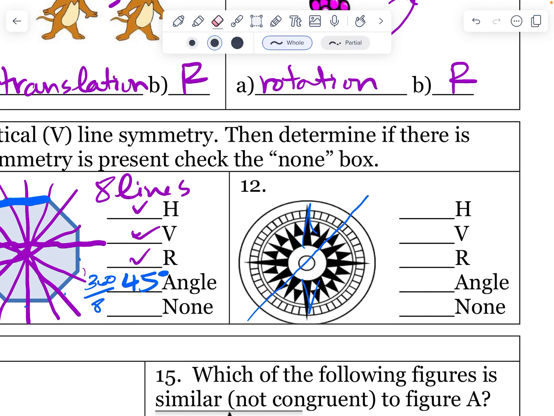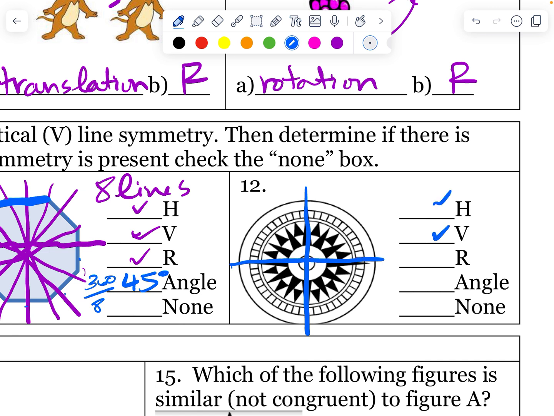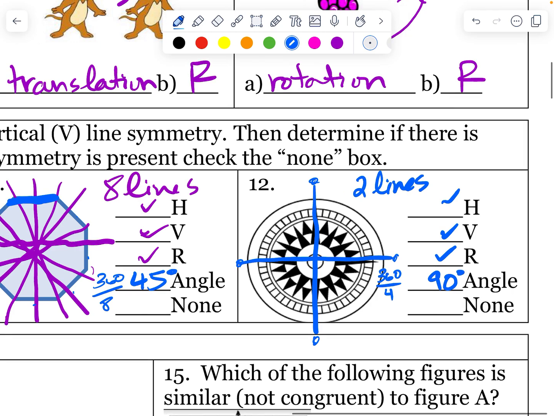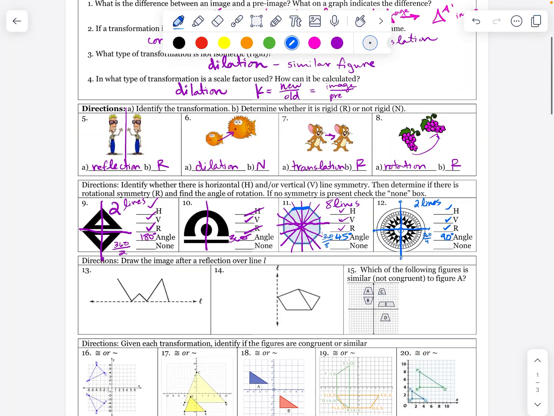So I think this one's only 2 lines. It's got a horizontal and a vertical. So yes, 2 lines. And it is going to have rotational. So it looks like that when the long pieces are out. So 360 divided by 4 is going to be 90 degrees of rotation. I think that makes sense.